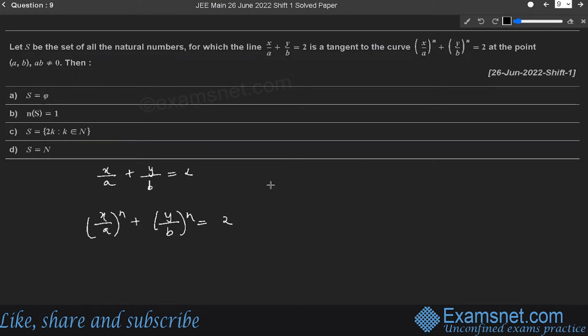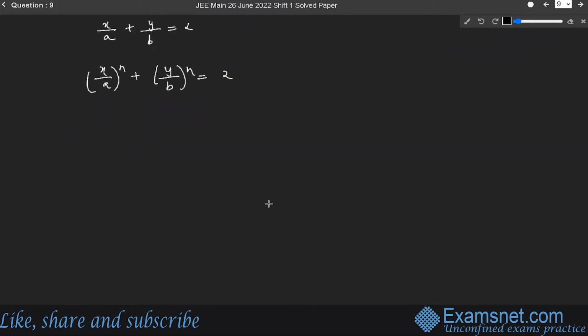The equation of the tangent to the curve is given here. By differentiating both sides with respect to x, we get n into x upon A power n minus 1 into 1 upon A plus n into y upon B power n minus 1 into 1 upon B dy by dx is equal to 0.